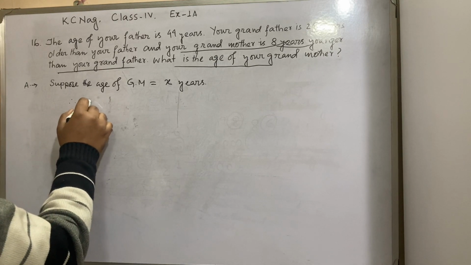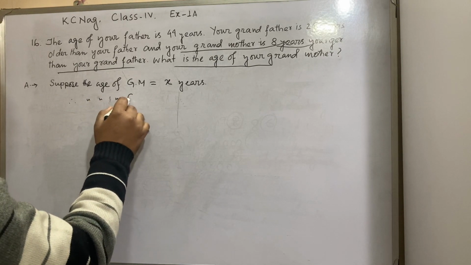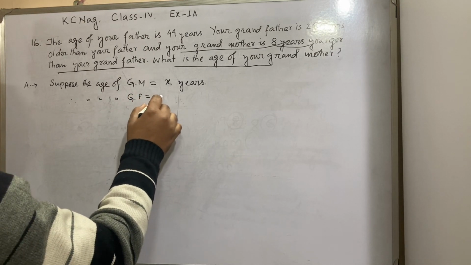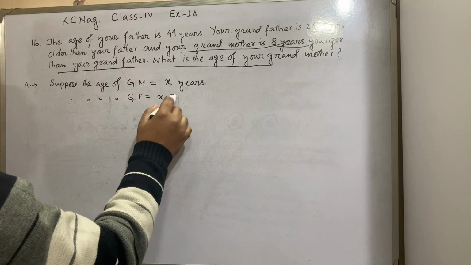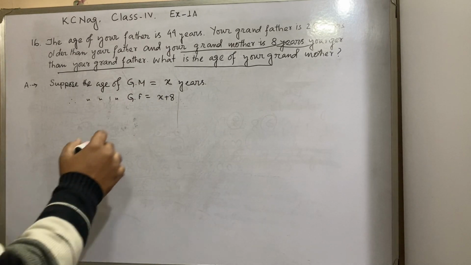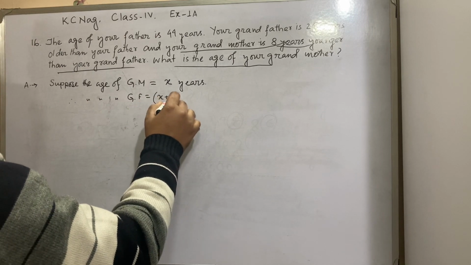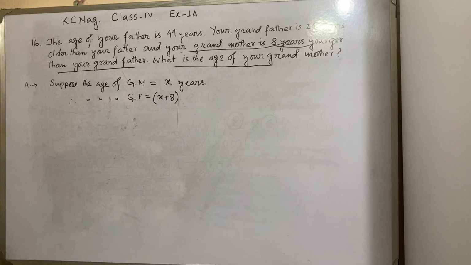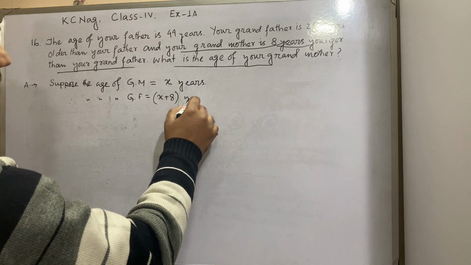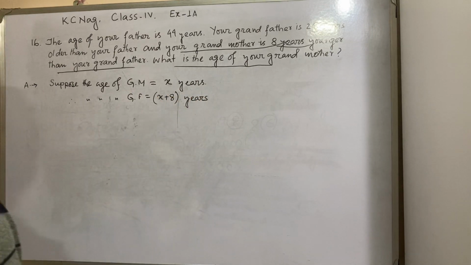Therefore, the age of grandfather is 8 years older than your grandmother. So, the age of grandfather is X plus 8 years.